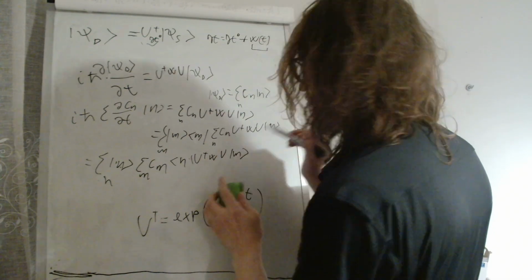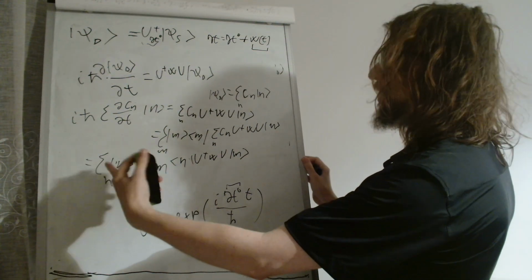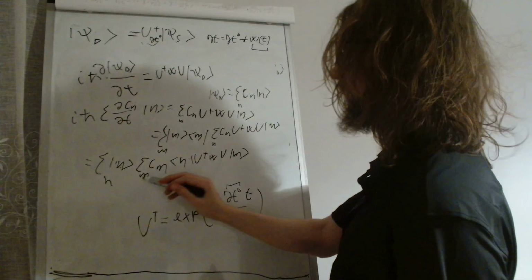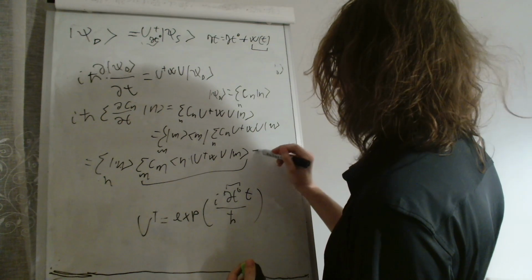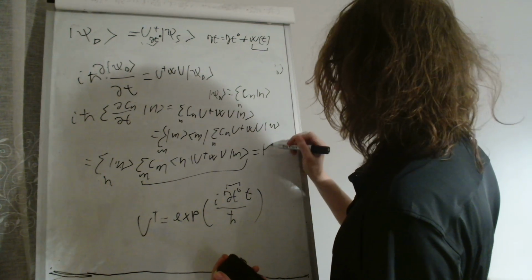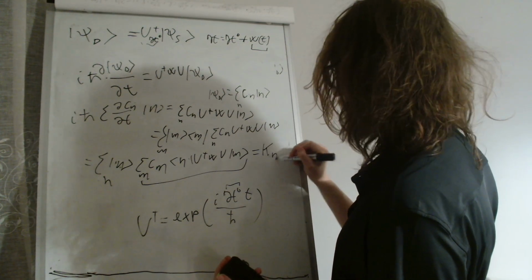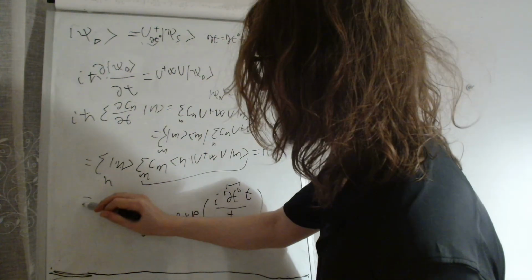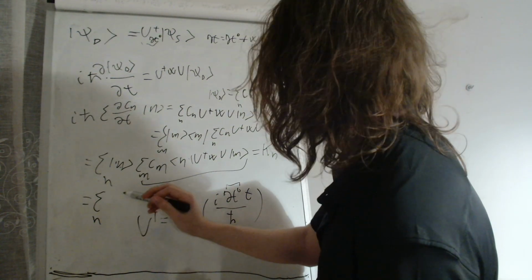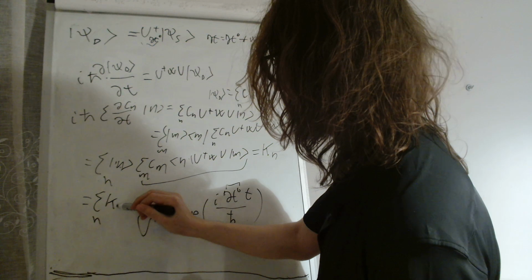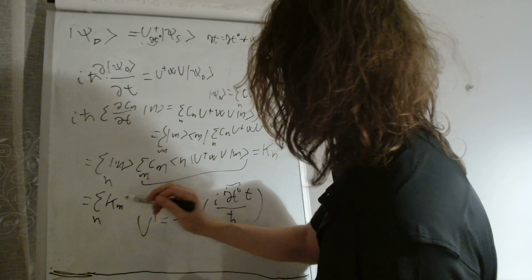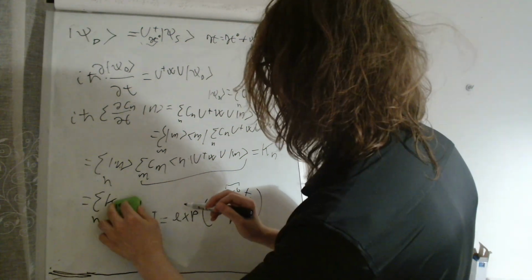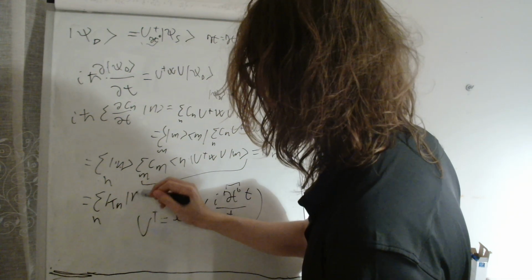So we also have an expansion in terms of |n> because these are scalar terms and I write them as Kn. So we now have the summation of Kn |n>.